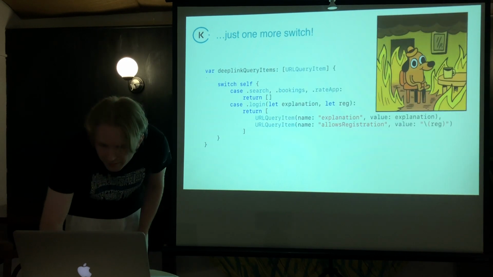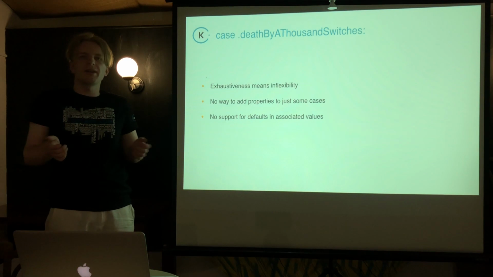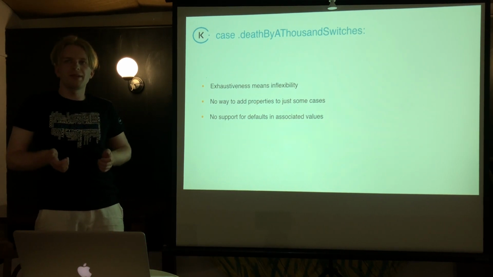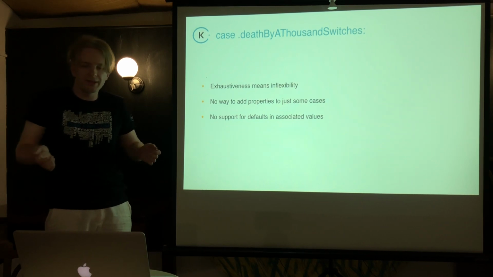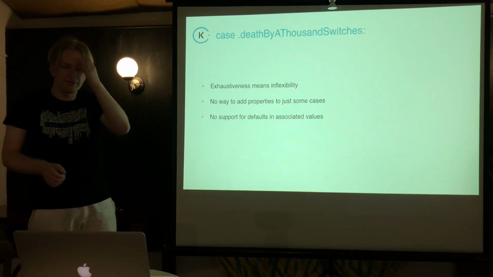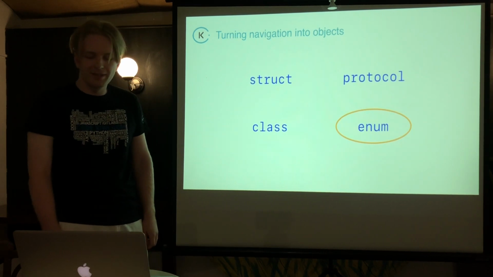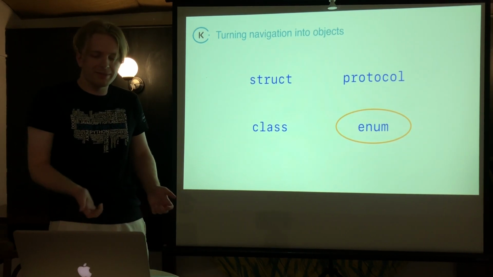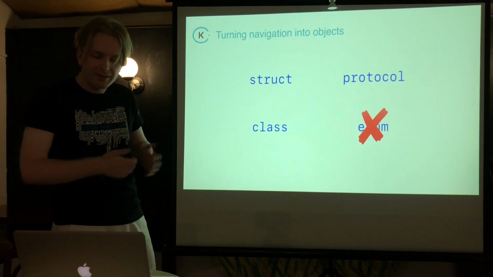Why would you do that? You could get around that with an optional URL for the deep link property, but then you have optionals in code where you know there won't be any optionals, or shouldn't be at least, and it just didn't fit. So I went back here and, grudgingly, because I love enums, had to give up and try something else.